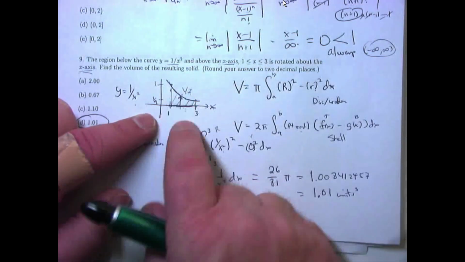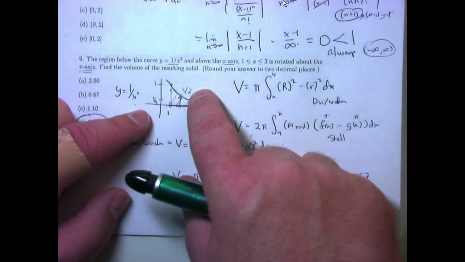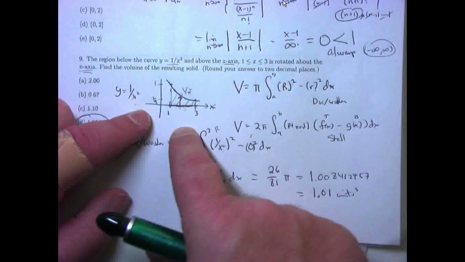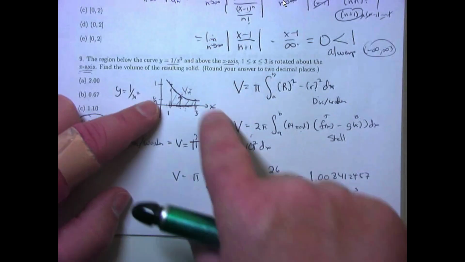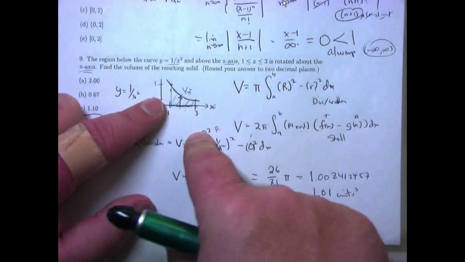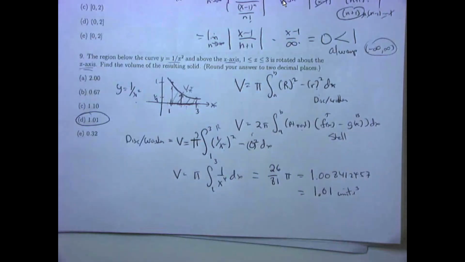Then my big radius would be top minus bottom. Y equals negative 5 is on the bottom, so that would be 1 over x squared minus negative 5, which would be plus 5. That would be the big radius. But then I would have a little radius, because I'm going back to the x-axis. That would be 0 minus negative 5, which would be 5. Then I would square that guy. Does that make sense? All right.